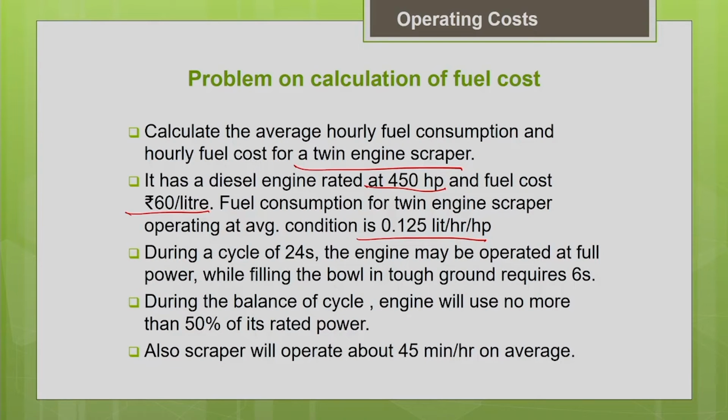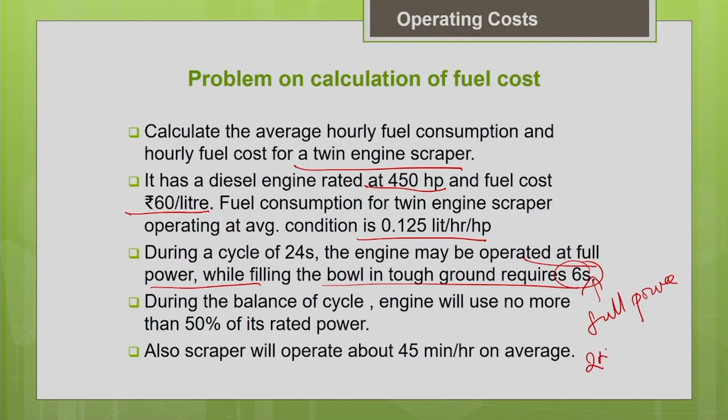Then during the 24 seconds of its production cycle, the engine may be operated at full power while filling the bowl in the tough ground. So the scraper is cutting the earth and filling the bowl, and for that it needs 6 seconds. Only during those 6 seconds is it working at full power.